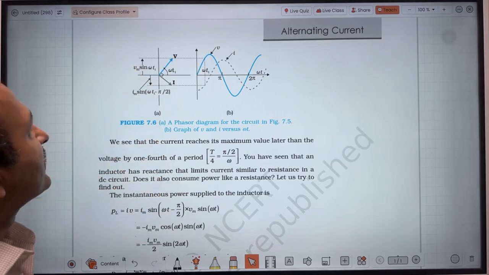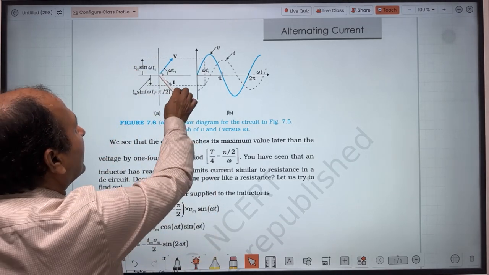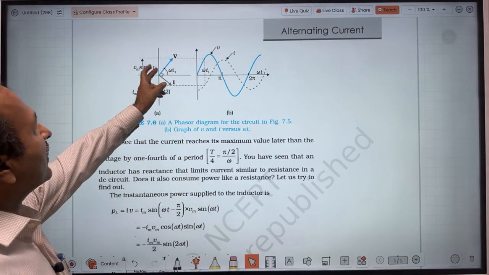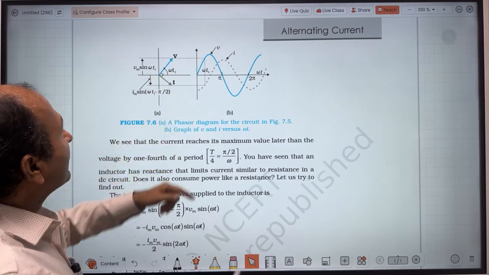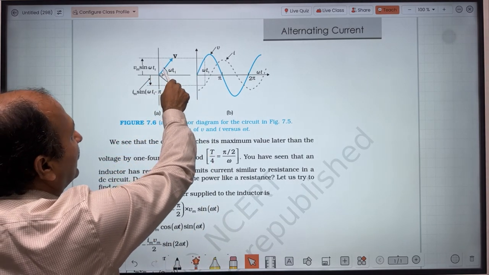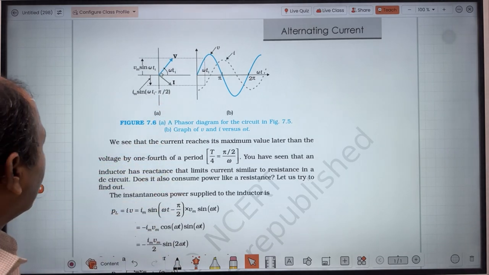So when we draw the phase diagram, current will lag voltage by pi by 2. So current is here, voltage is here, right? And this angle is omega t. Omega t is the angle that the x-axis makes with voltage, right? So I think you have understood.